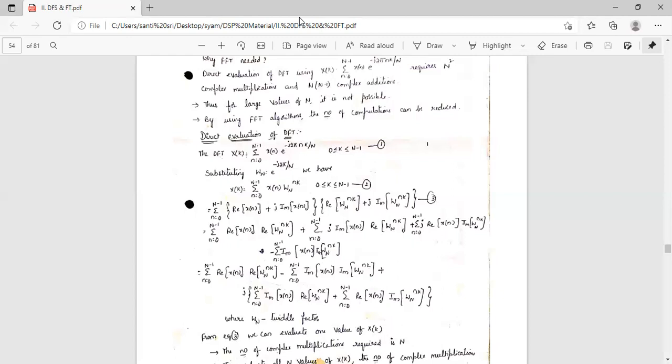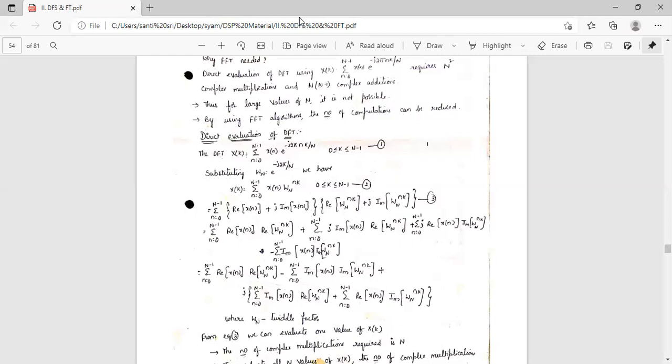So that is equal to sigma n is 0 to N minus 1 real part of x of n into real part of W N power n k, plus j into imaginary part of x of n into real part of W N power n k, plus j into real part of x of n into imaginary part, like that we will multiply these two components.